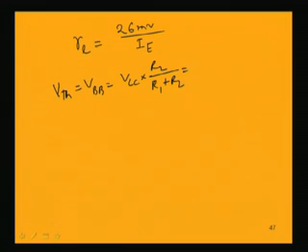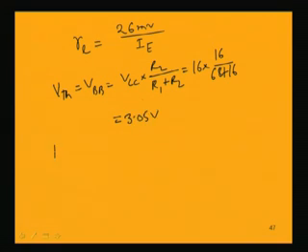So, VCC in this case is 16 volt, R2 is 16 K, and R1 is 68, so 68 plus 16. That is equal to 3.05 volt.